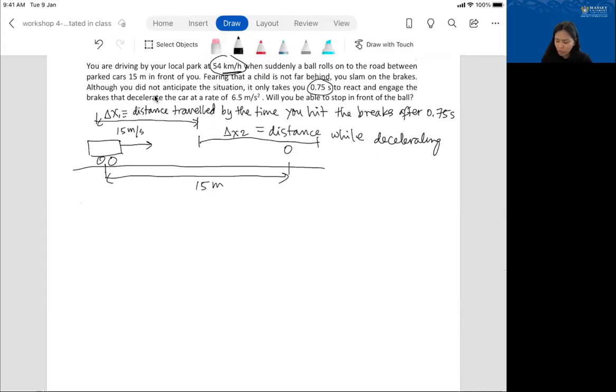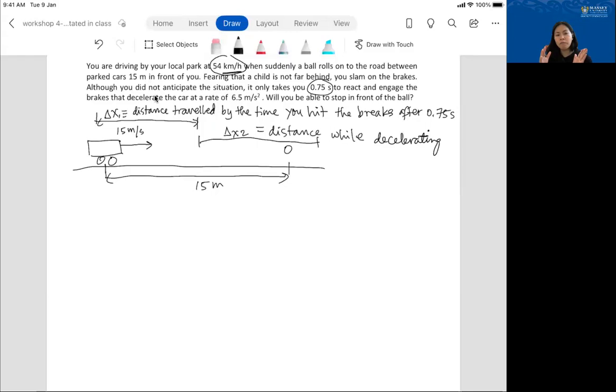And we sort of have to figure out whether the combined distance that you traveled would be more than 15 meters, in which case you would have hit the ball, or will it be less than 15 meters, in which case the ball would be safe. And if there's a child, the child would also be safe.